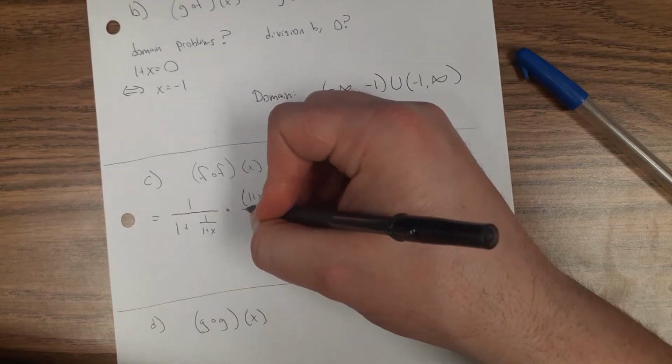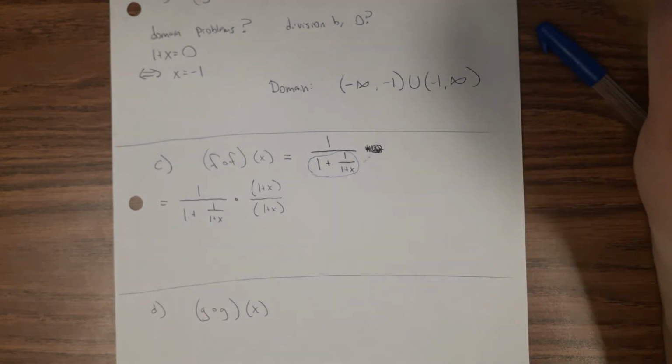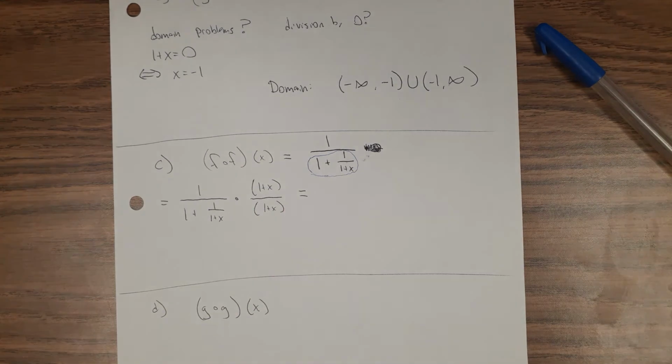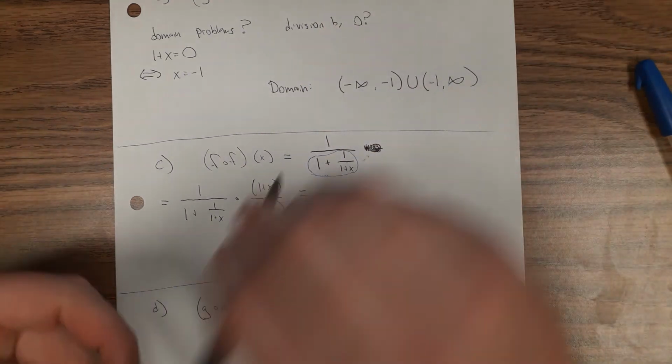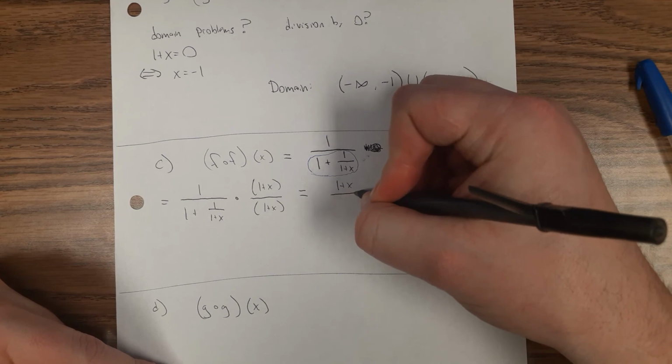Its denominator is 1 plus x. So I'm going to multiply the top and the bottom by that. What do I get? So the top is easy. The top is just 1 times 1 plus x, so that's 1 plus x.